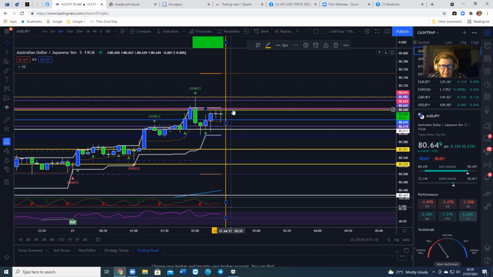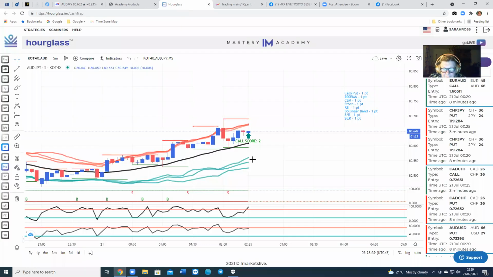That's 660, so you've got to be wary because it's got a lot to get through. So this is what happens when you look at the higher payout ones, 85%. You've got to time it to your advantage, obviously.